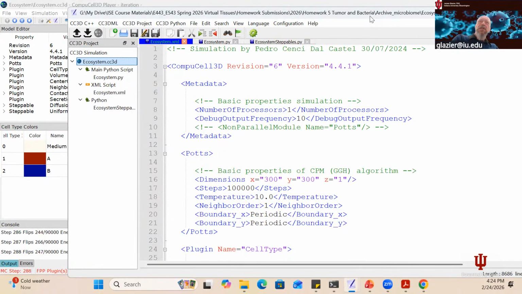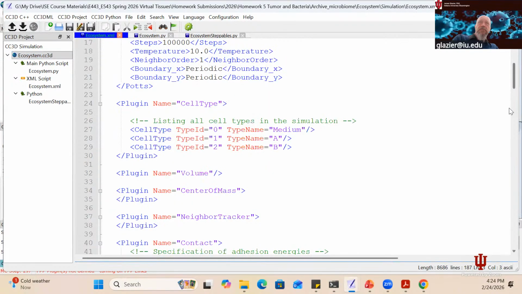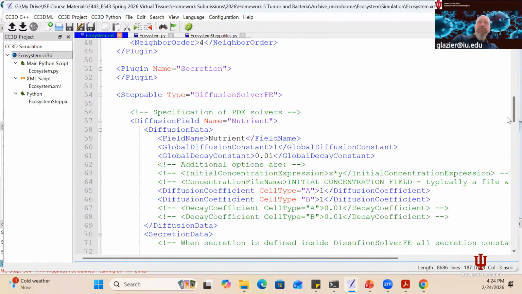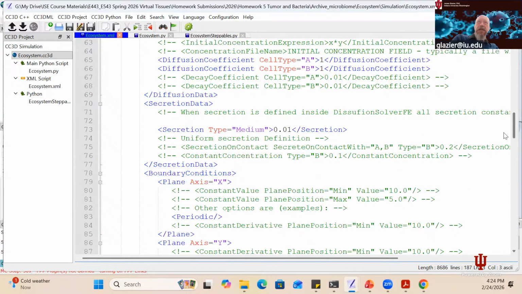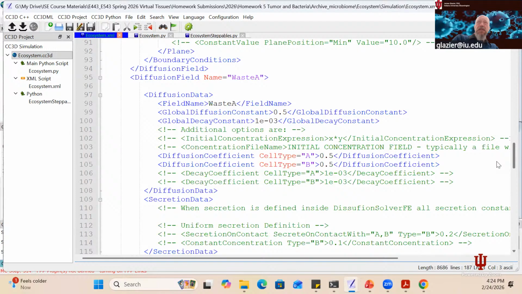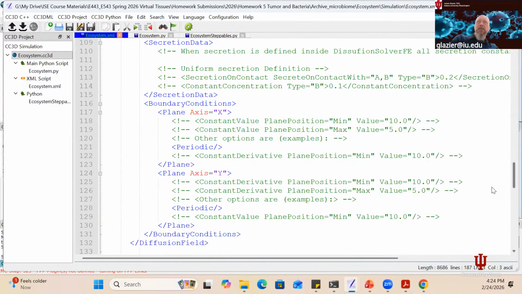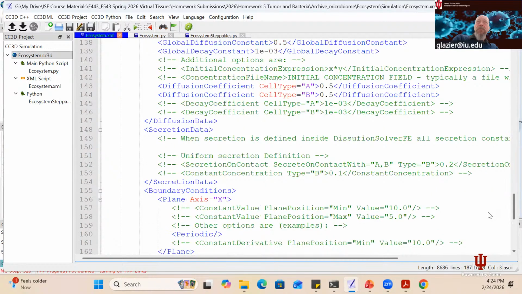So, the things in the XML all look pretty well behaved. You have a nutrient that's secreted by medium at a constant rate. And then you have waste A and B that are not produced.